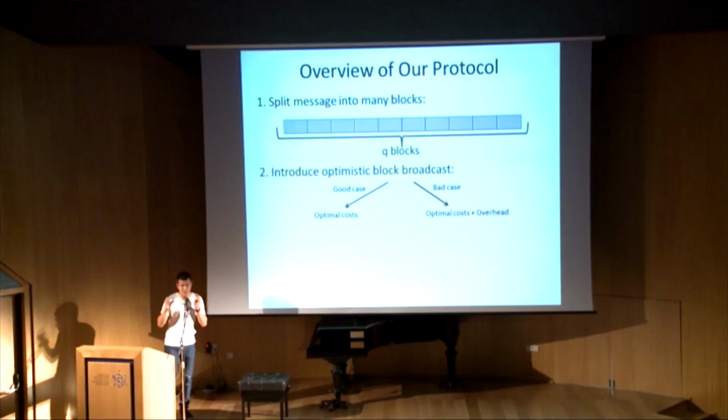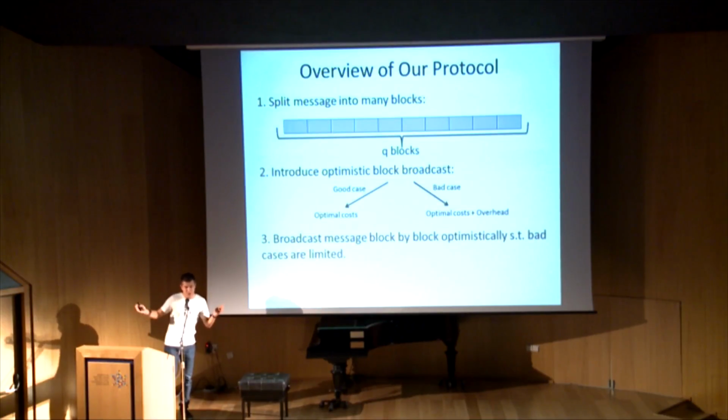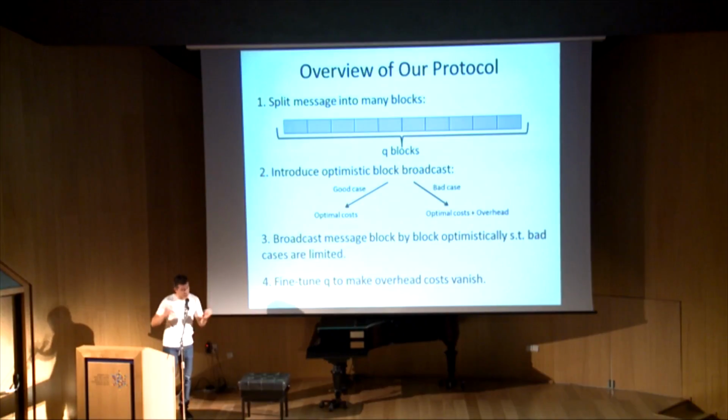In some cases, the block can be broadcast very efficiently with optimal cost, and in other cases, this protocol will give us some overhead. So in some cases we are good, in some cases we are bad. Then we will take our message and broadcast it block by block, such that the number of bad cases is limited. Finally, we can compute this overhead from the bad cases and choose the number of blocks such that asymptotically this bad overhead will vanish.